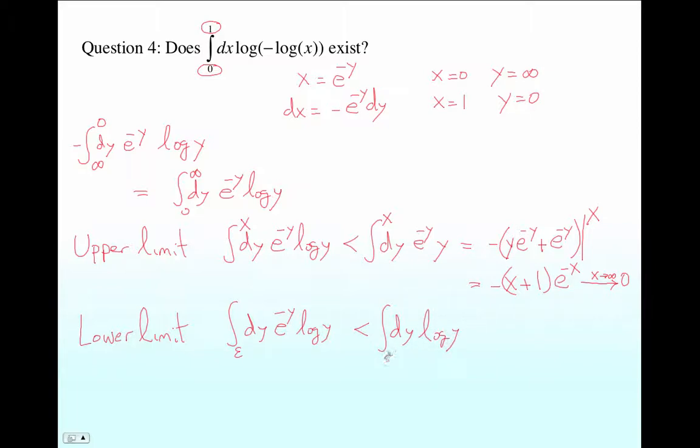But that's the integral that we've just looked at. And as epsilon goes to 0, this will go to 0 in the limit epsilon tends to 0. And so this integral exists. We have not found its value, but it is certainly a convergent integral, and that's all that we wanted to know.